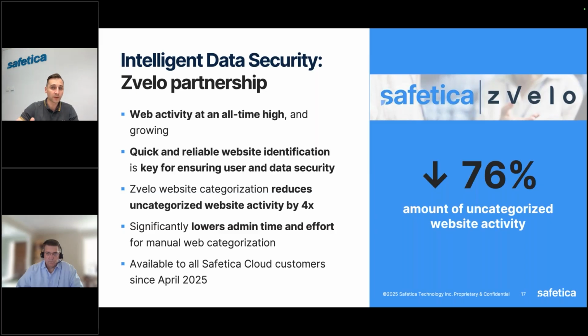And now with this new cloud technology, we believe the categorization is much faster and much more accurate, and since the uncategorized website activity has decreased, it even requires less admin time and effort to ensure that everything in your environment is properly protected. And again, this is something that was already introduced. If you are our cloud customer, you can take advantage of this technology, and you've been taking advantage of it since April this year.